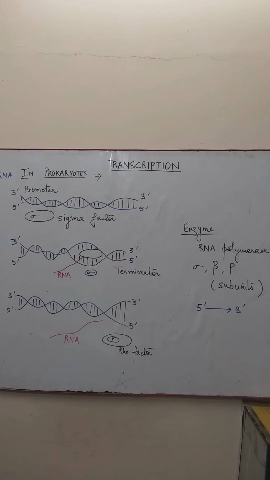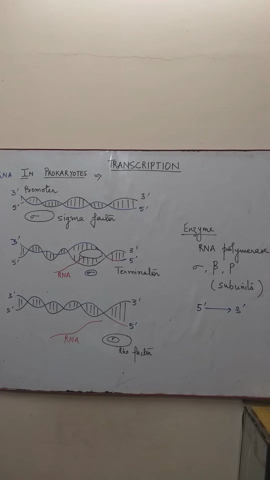Now, there is one enzyme which is responsible for the transcription process, and it is a complex enzyme having some subunits. The enzyme responsible for the transcription process in the prokaryote is RNA polymerase, and it has several subunits which function differently so as to achieve different results.